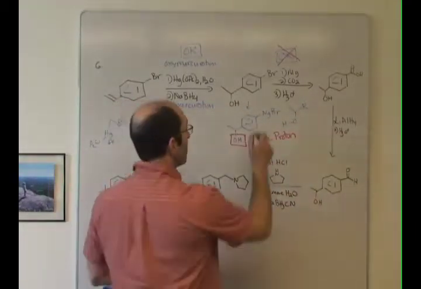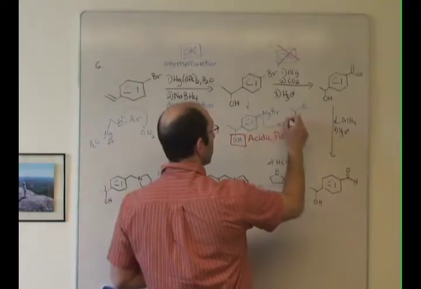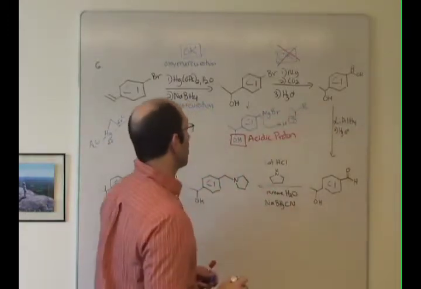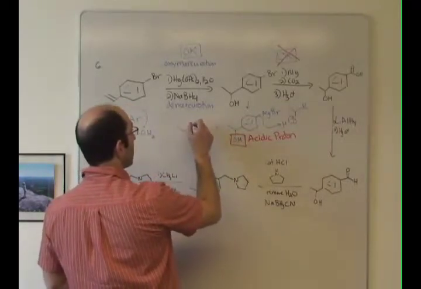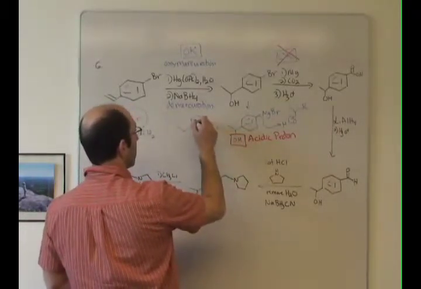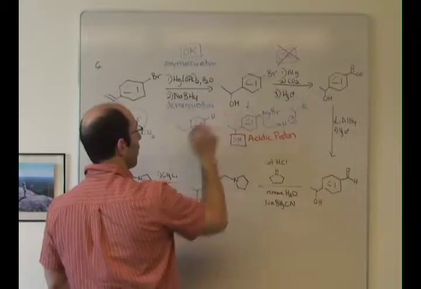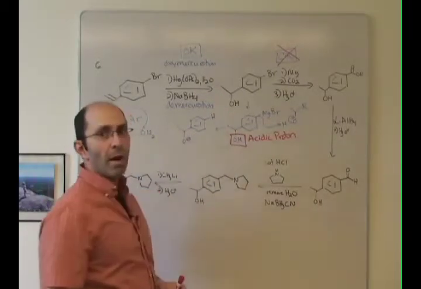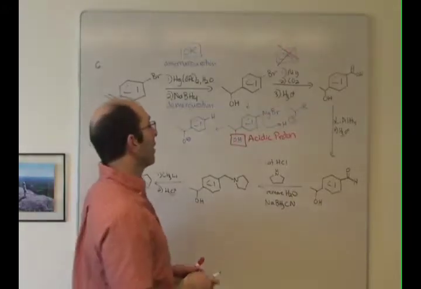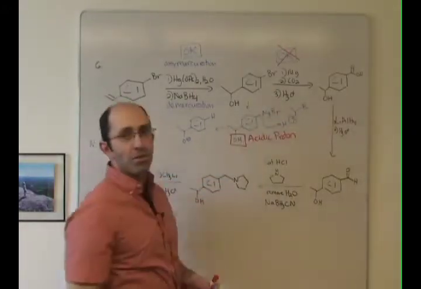That proton is going to get deprotonated by the Grignard reagent, so that what we're actually going to form in this reaction, instead of a carbon-carbon bond, is a new carbon-hydrogen bond, and we're going to end up at O-. Right? And then when we add carbon dioxide, nothing's going to happen.